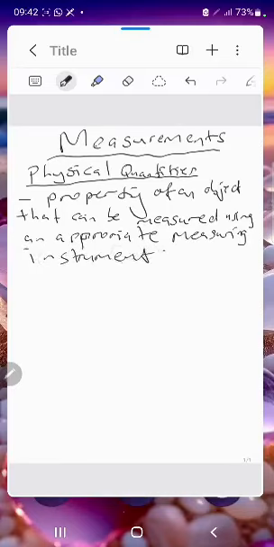Okay, so any object or substance that can be measured using an appropriate measuring instrument, we call it a physical quantity.